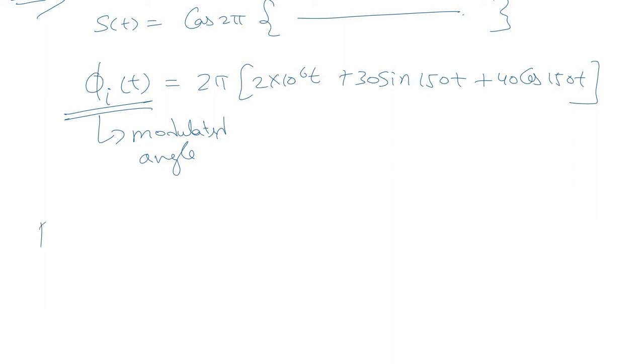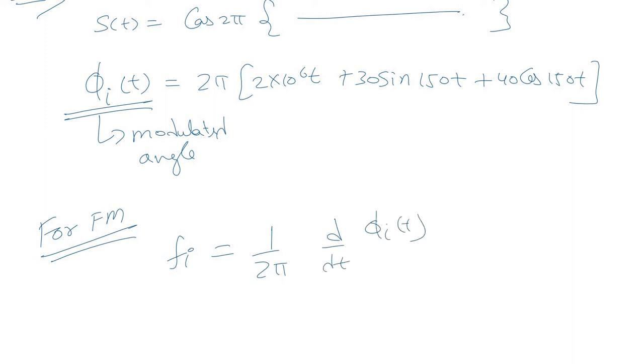So now let us consider the FM case, that is an FM modulated signal. Fi, the modulated frequency, would be equal to 1 upon 2 pi times the derivative of the modulated angle. This is the relationship between f and phi.